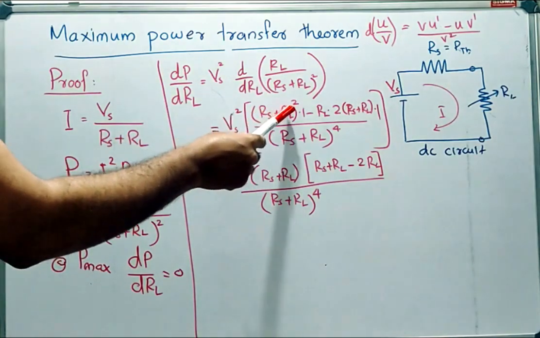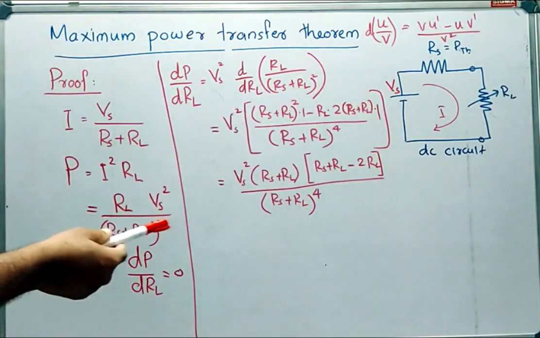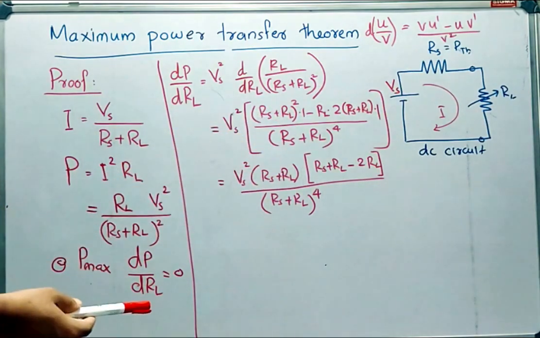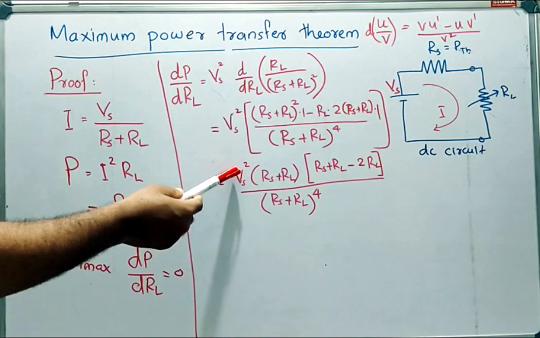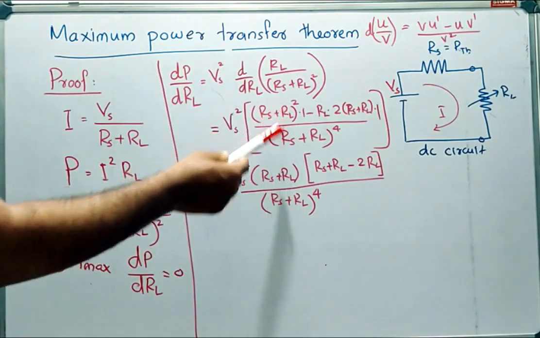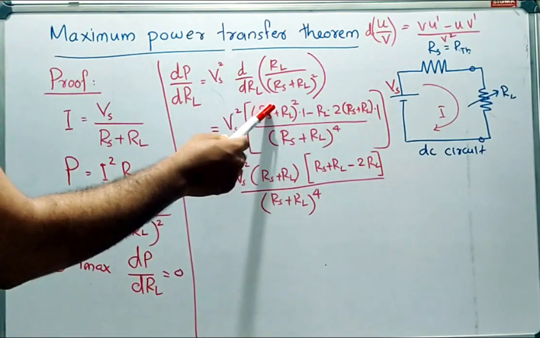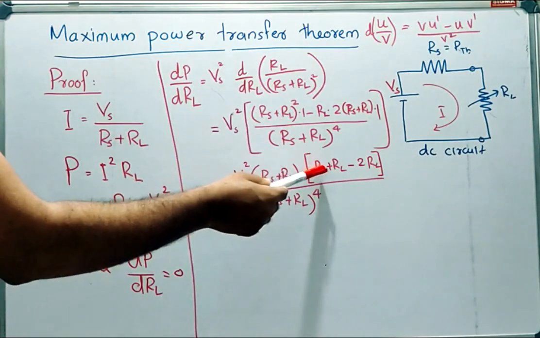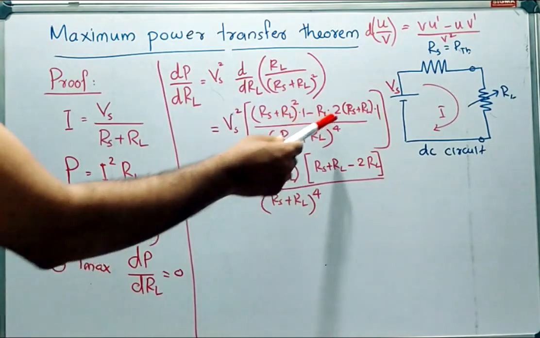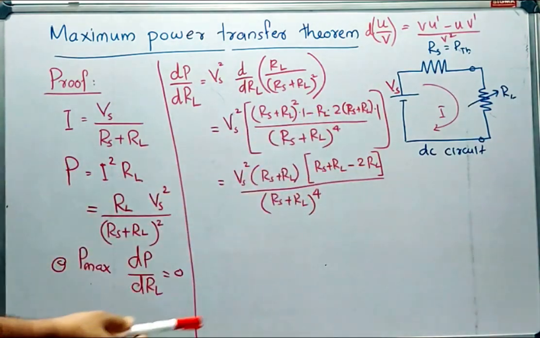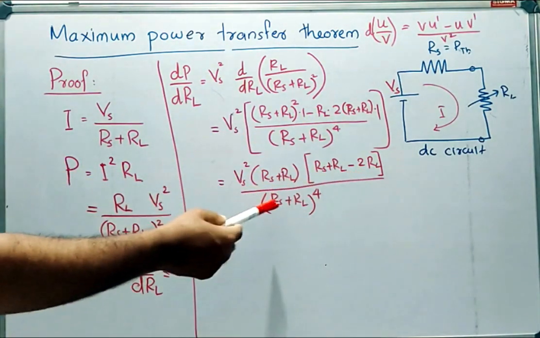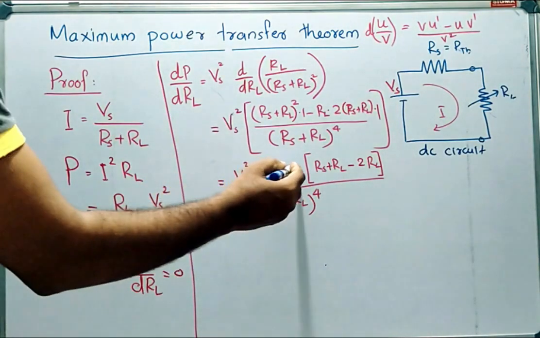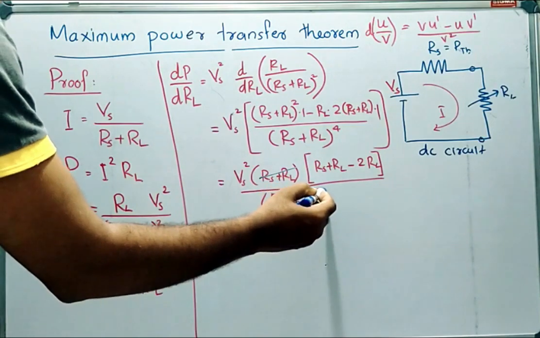As Rs plus RL is common in these two terms, we can take Rs plus RL outside. So this equation becomes Vs square into (Rs plus RL), and the remaining part is (Rs plus RL) in this part, and here 2RL minus 2RL, all divided by (Rs plus RL) raised to 4. Here we can cancel this part, thereby this becomes 3.